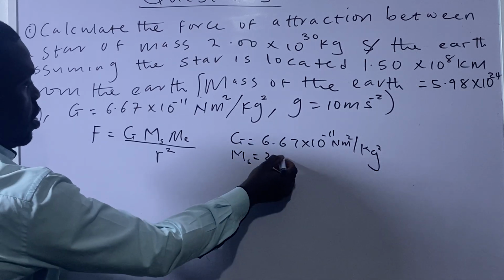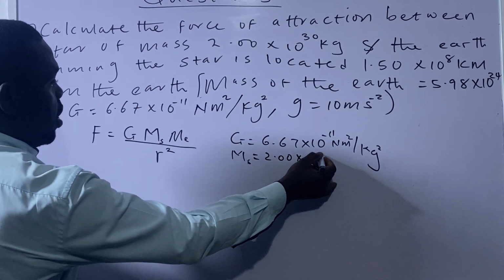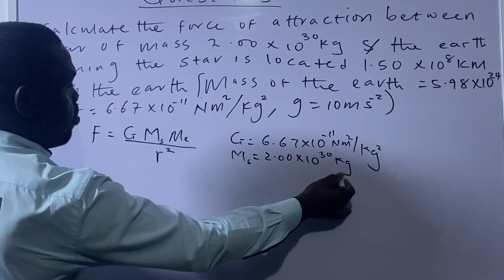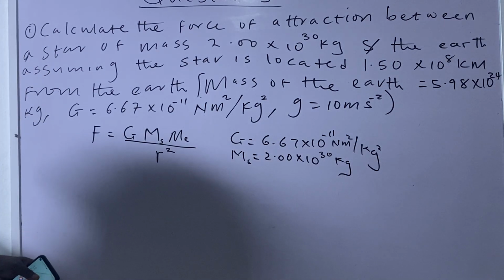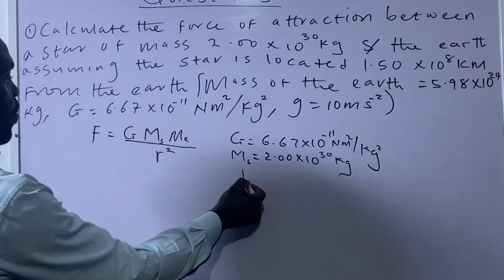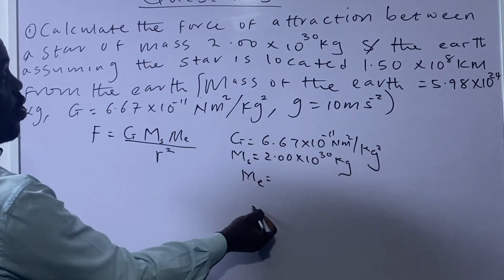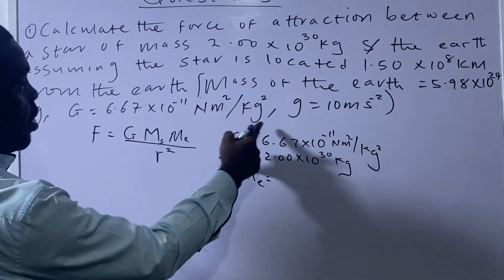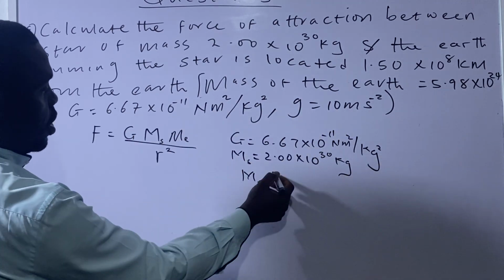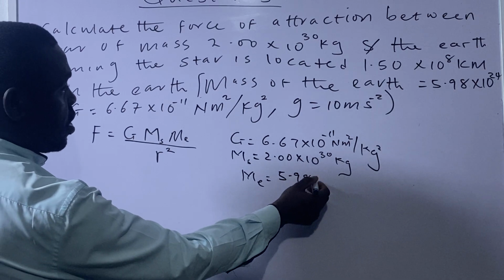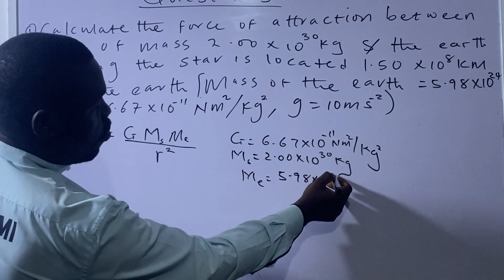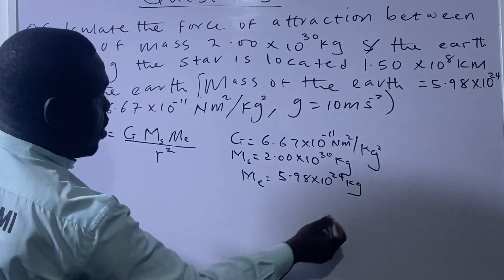Look at it there. 2.0 times 10 raised to power 30 kilogram. Very simple. And then we are also told the mass of the earth. The mass of the earth is somewhere here. Okay, look at it there. 5 point this times 10 raised to power, I think that's 24 or so kilogram.